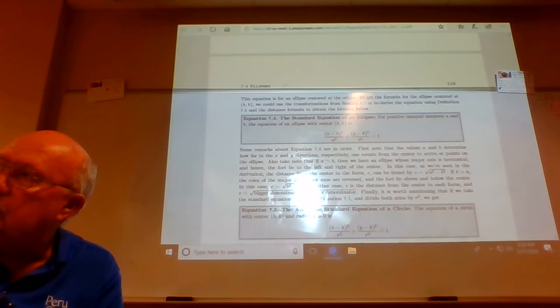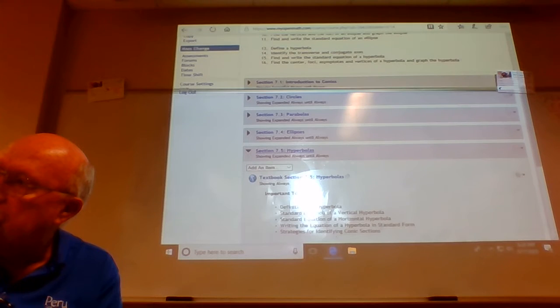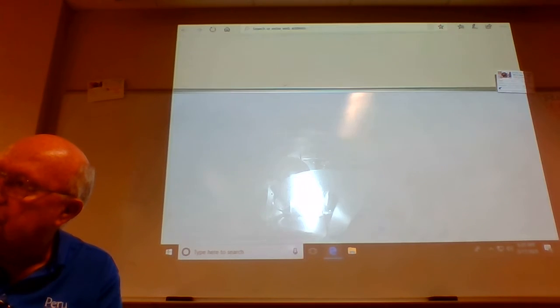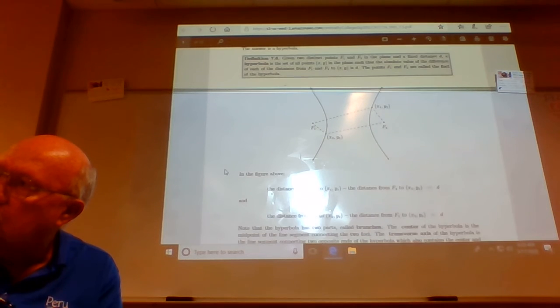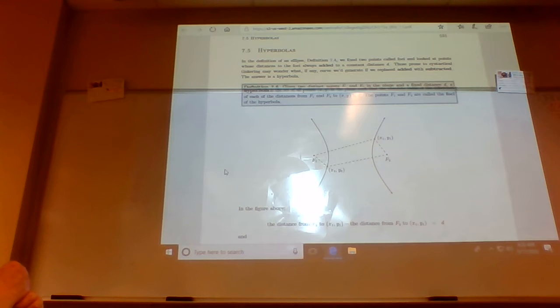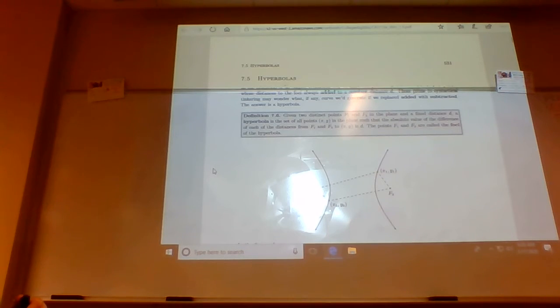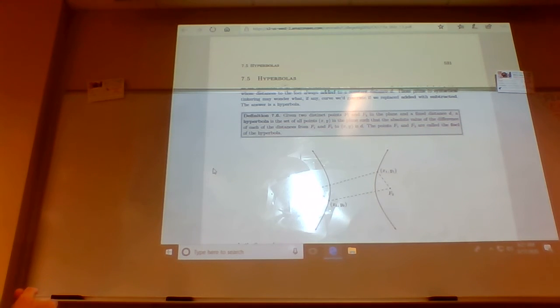Okay, so I'm going to jump over to the last section, 5, which is hyperbolas. And now what I like to think of here is that the hyperbola is really the ellipse split in half like an egg and then turned in opposite directions.